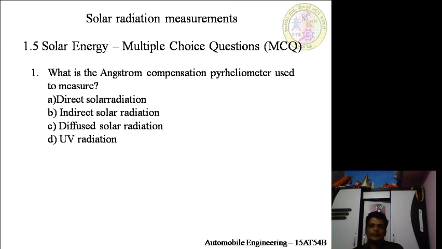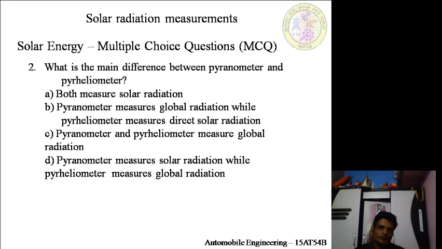The options are A. Direct solar radiation, B. Indirect solar radiation, C. Diffused solar radiation, and D. UV radiation. And here the answer is A. Direct solar radiation.